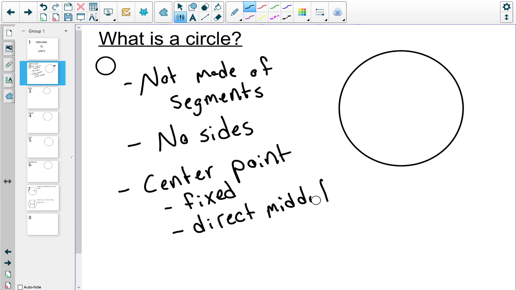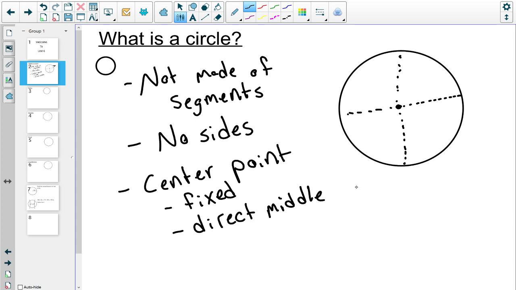This is obviously not going to be perfect because I'm drawing by hand here, but we'll say that's the center point. We can do a lot with this center point. One thing about that center point is that any point on the outside of a circle is an equal distance from that center point.